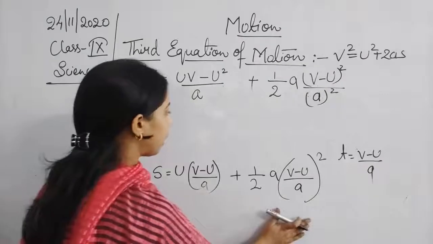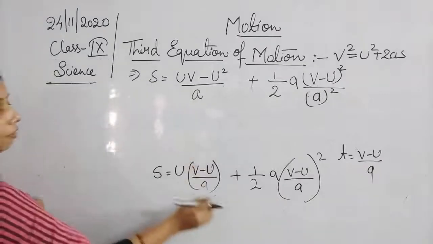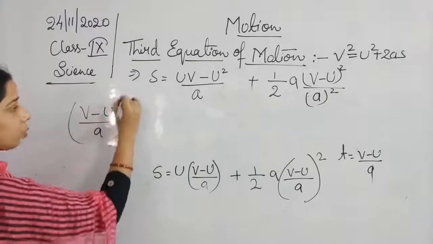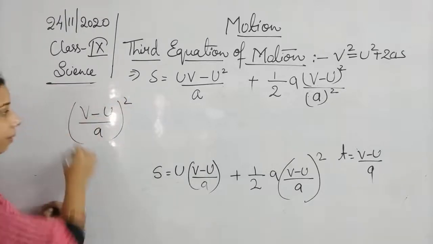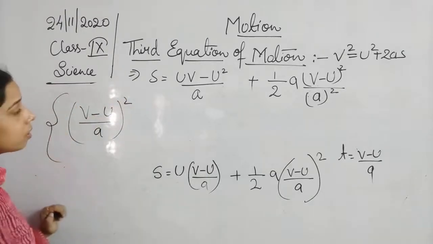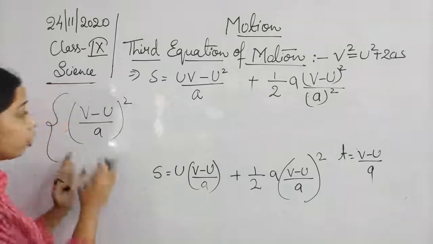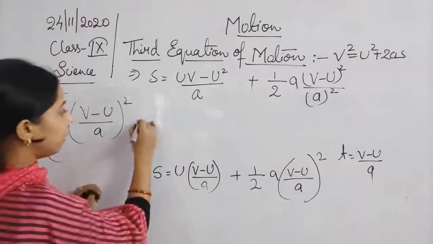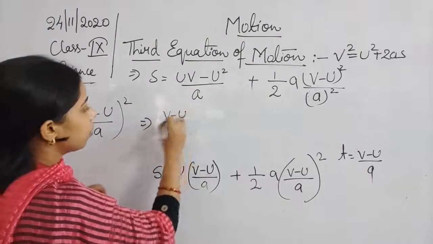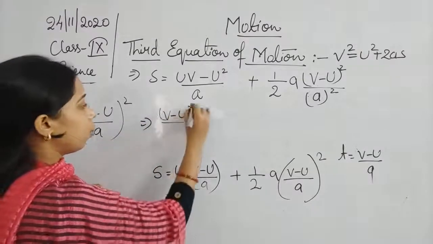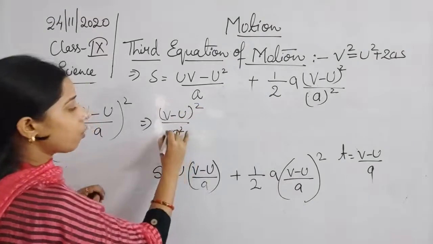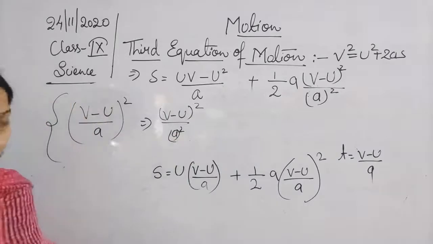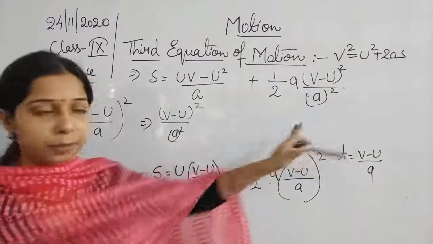I can solve it again here. Now you see, if it is V minus U upon A the whole square. Okay. In a bracket I am solving it so that you can understand. So when you open it, you can also rearrange it like V minus U whole square upon A square. You can also write it like that. Okay.